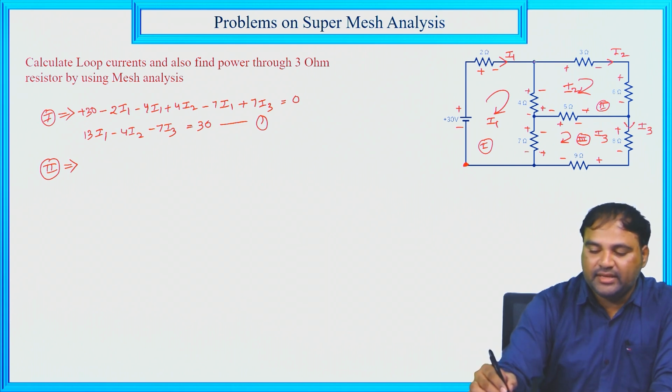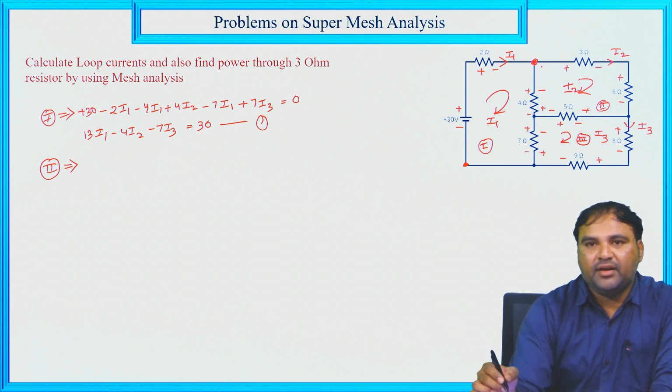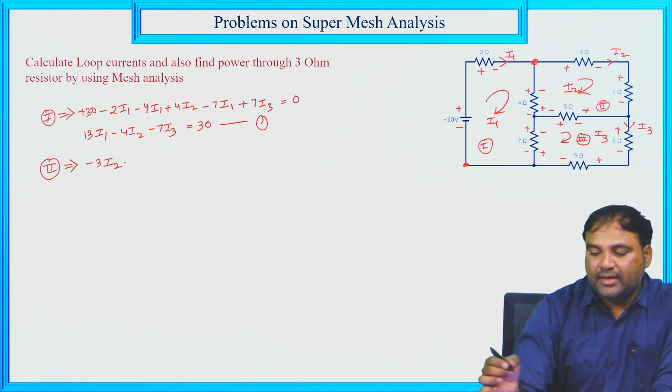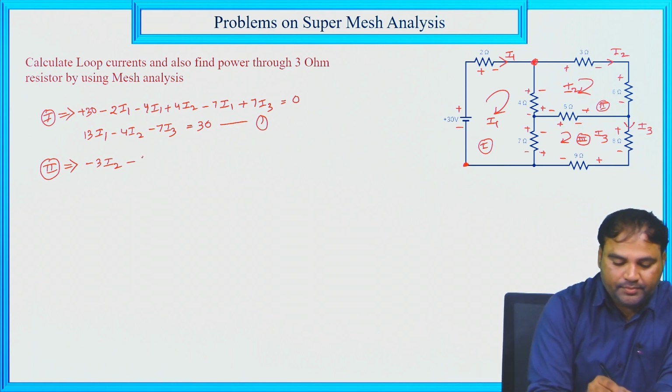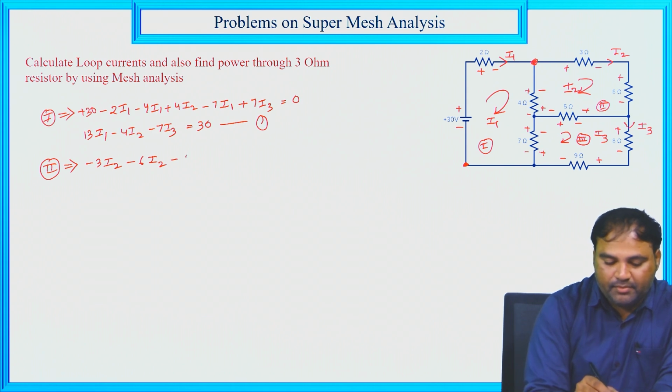In this case, I am starting from this point. When I am starting from this point, always we need to take the second polarity. So the second polarity is minus 3I2, and here minus 6I2, and at 5 ohm the second polarity, in terms of I2, is minus 5I2.